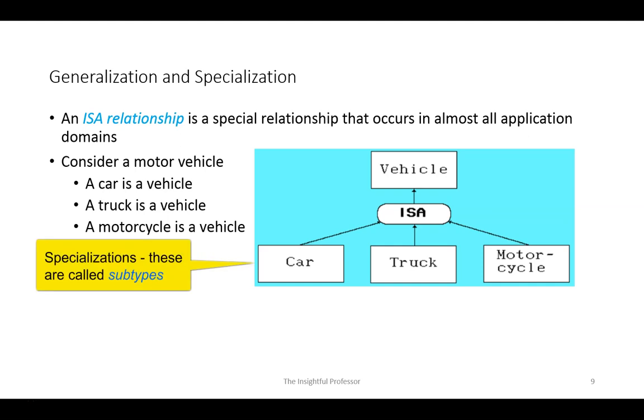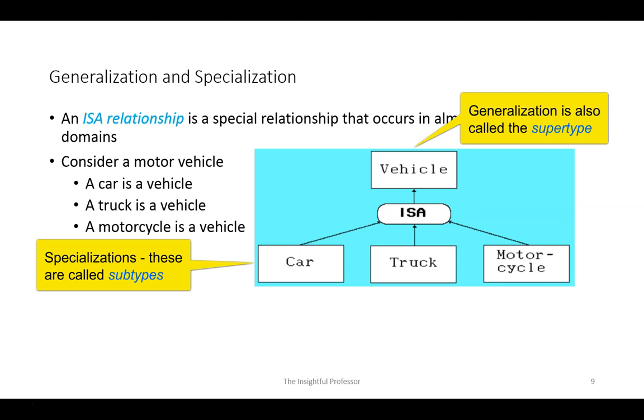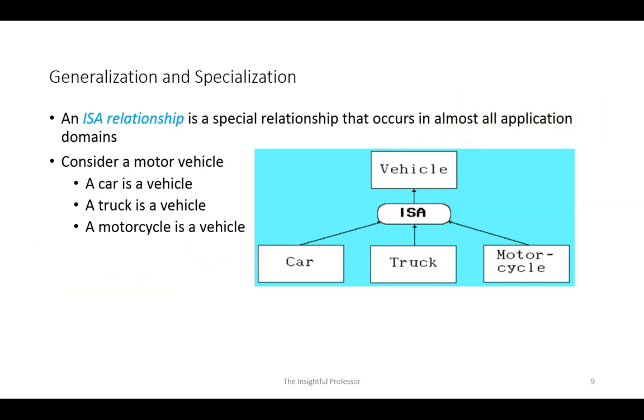So here we note that a vehicle is the general case, and car, truck, and motorcycle would be the specialized case. Another set of terms would be the vehicle is the supertype, car, truck, and motorcycle are subtypes. A car is a vehicle. It's a type of vehicle.